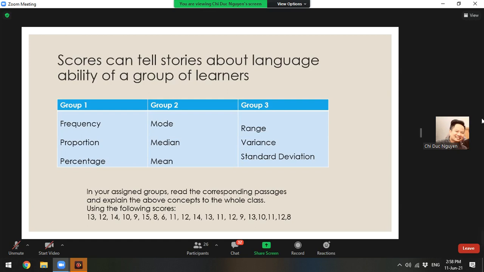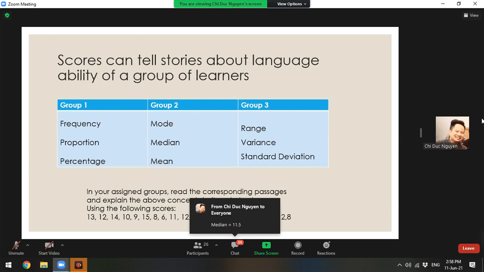Okay, so why do we need these 3 indices? The mode is the most popular number, so in this case, the mode is 12. And the median is 11.5.